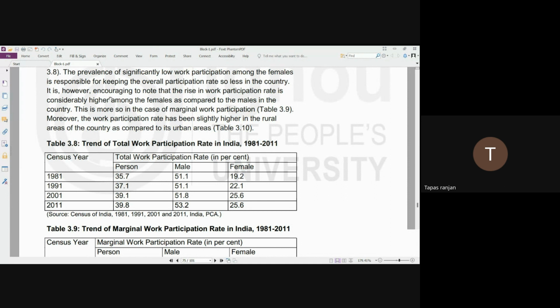In 1981, it is somewhere around 35.7%, out of which 51% were male and around 20% were female. In 2011, the work participation rate is somewhere around 40%, out of which 53% are male and 25% are female.